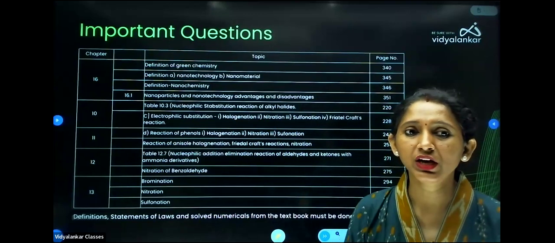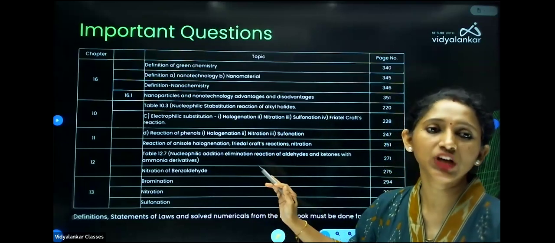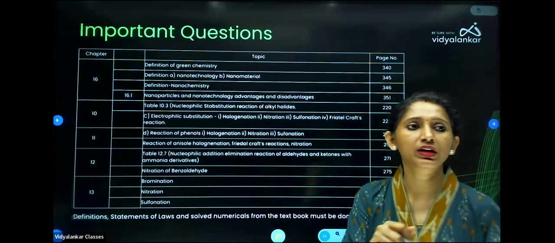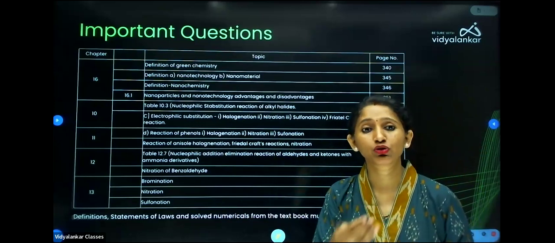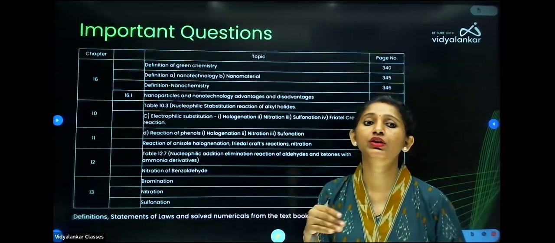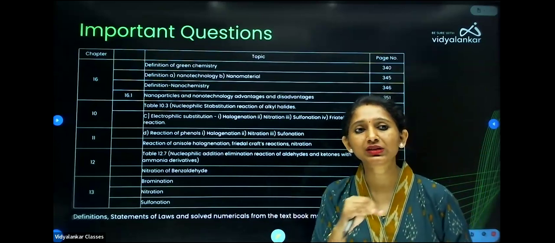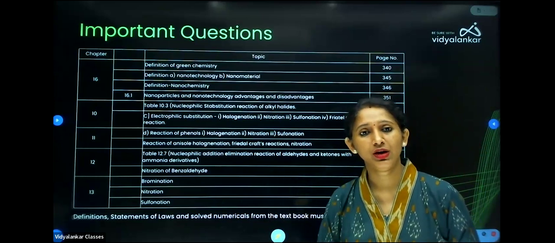Now, one common thing I want to tell you is that in all the chapters, definitely you will find electrophilic substitution reactions: halogenation, nitration, sulfonation, Friedel-Crafts alkylation, Friedel-Crafts acylation. So these electrophilic substitution reactions are there in each of the chapters.